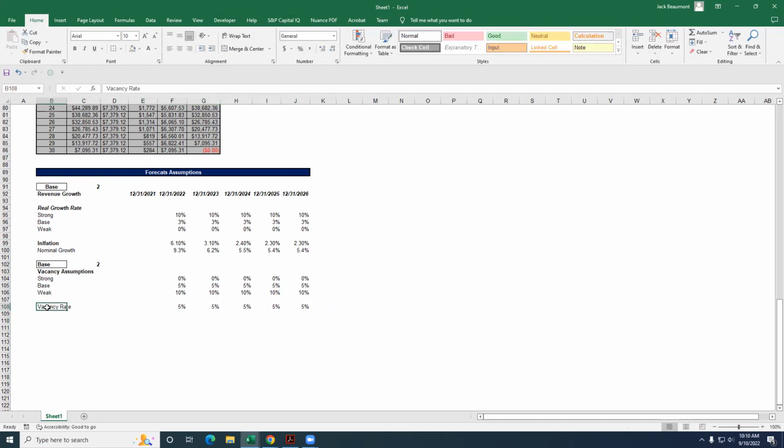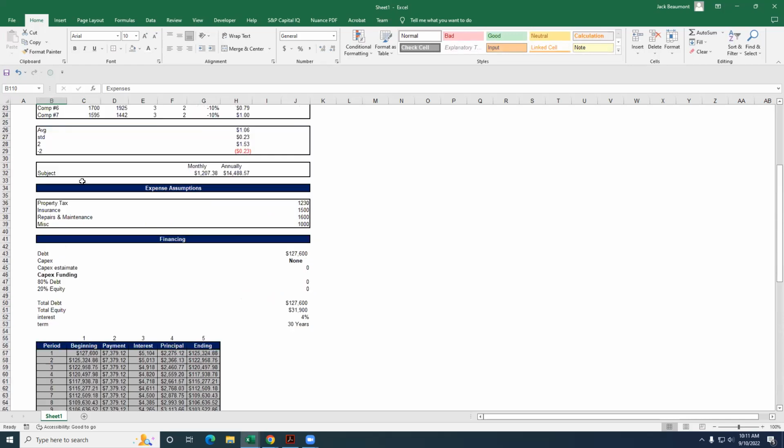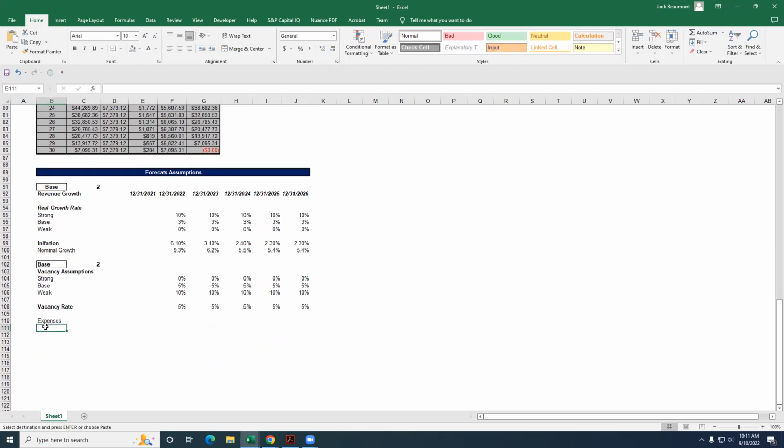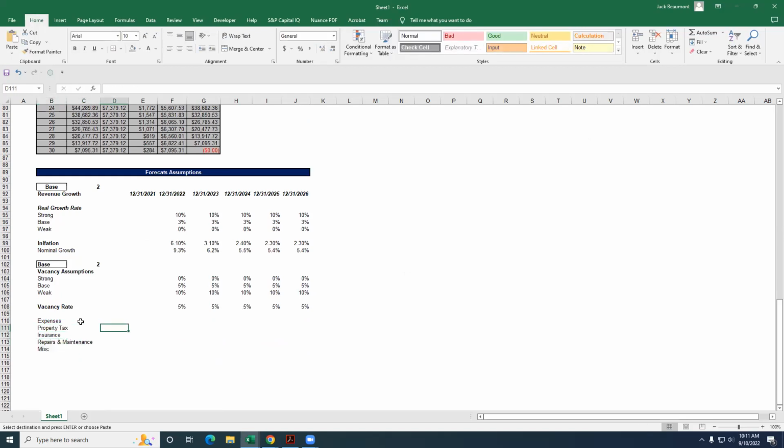Cool. We got our vacancy rate built in now. Perfect. And then our expenses. So we had our expenses up here. I just want to copy the values. Cool. We got them there.